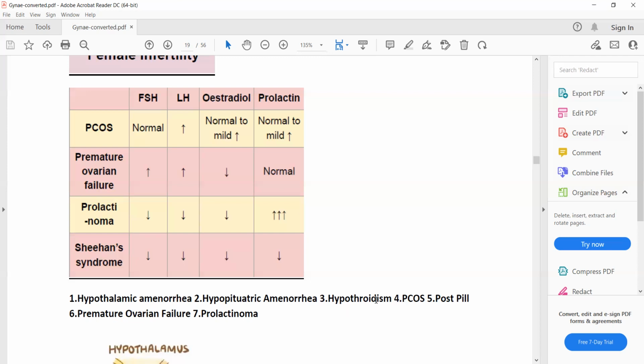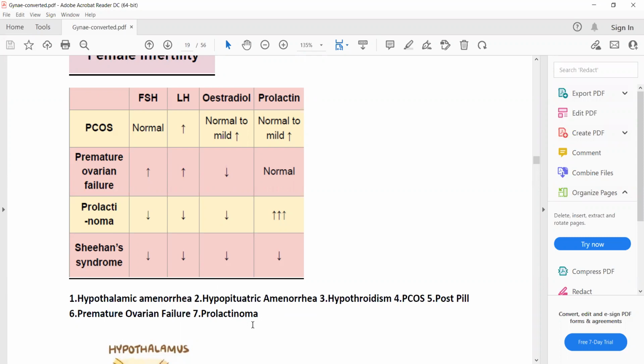These were the causes that are above the ovaries. Now the problem with the ovaries: polycystic ovarian syndrome, post-pill amenorrhea, premature ovarian failure, and one of them, prolactinoma, that should also be counted in here in the pituitary amenorrhea. So prolactinoma can also cause amenorrhea.